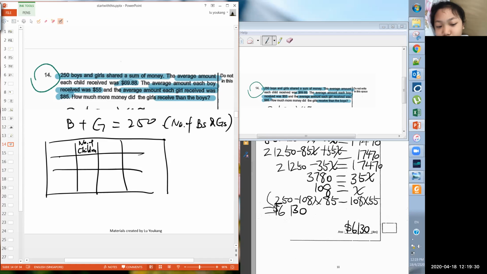So this is money received per child. So therefore this is total money. So you have boy and girl. Let's say if your number of children here is B for the boy, then your girl is 250 minus B, right?